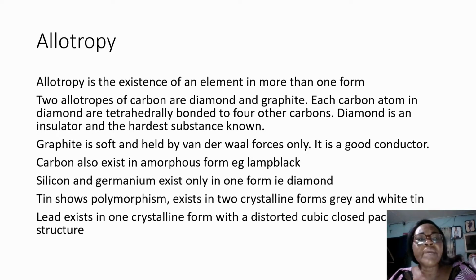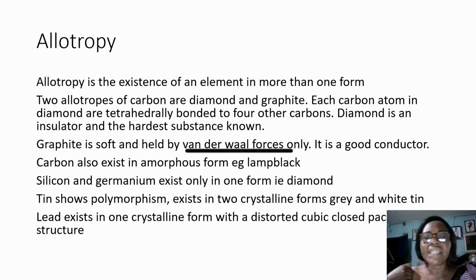Each carbon atom in diamond is tetrahedrally bonded to 4 other carbons. Diamond is an insulator and the hardest substance known. Because they are tetrahedrally bonded, they are closely bonded. Graphite is soft because it is held by weak forces, that is the van der Waals forces only.